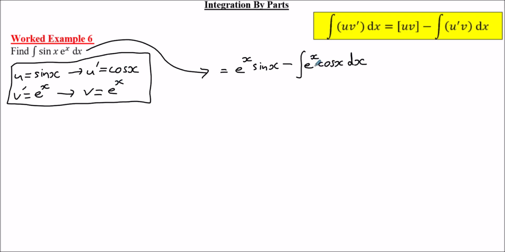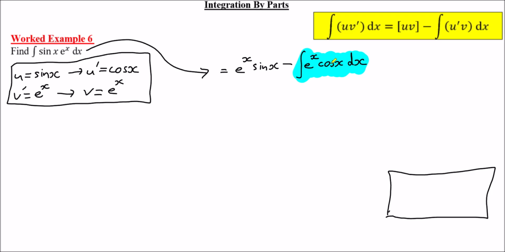Now this here, we need to use integration by parts again. So over here, again we have something trigonometric, cos, and something exponential, the e to the x. So again, in this case, we'd set our u here to be cosine x.